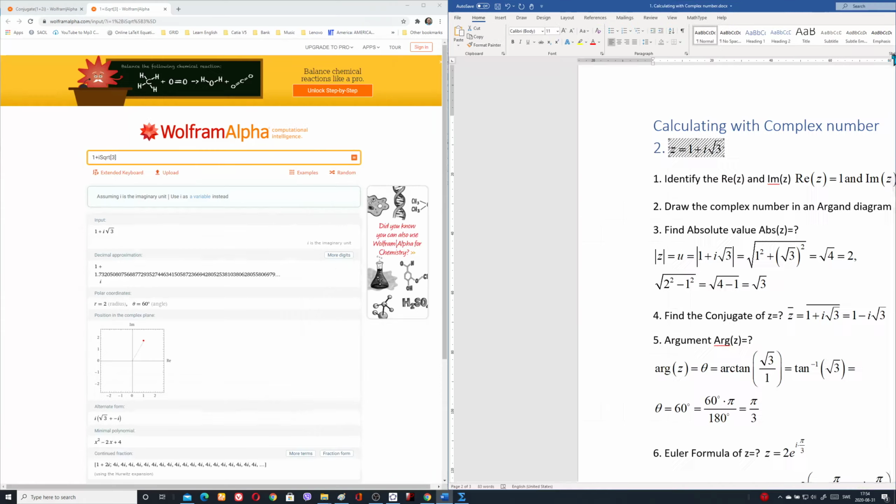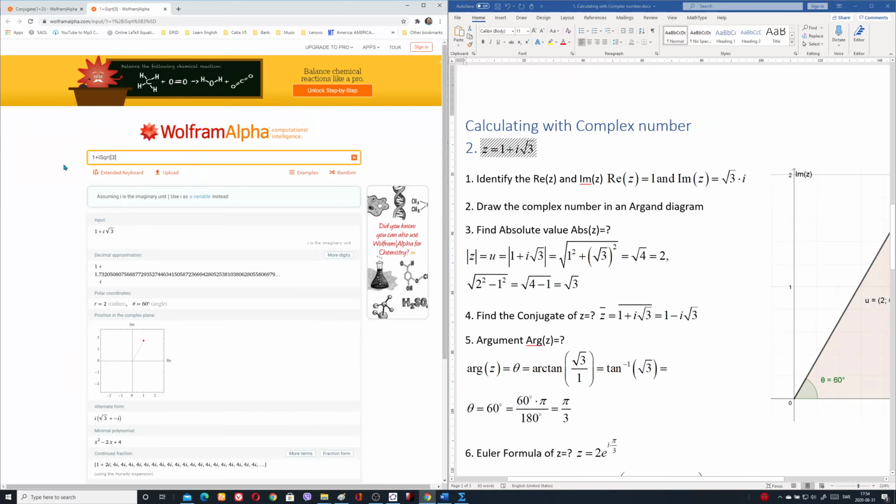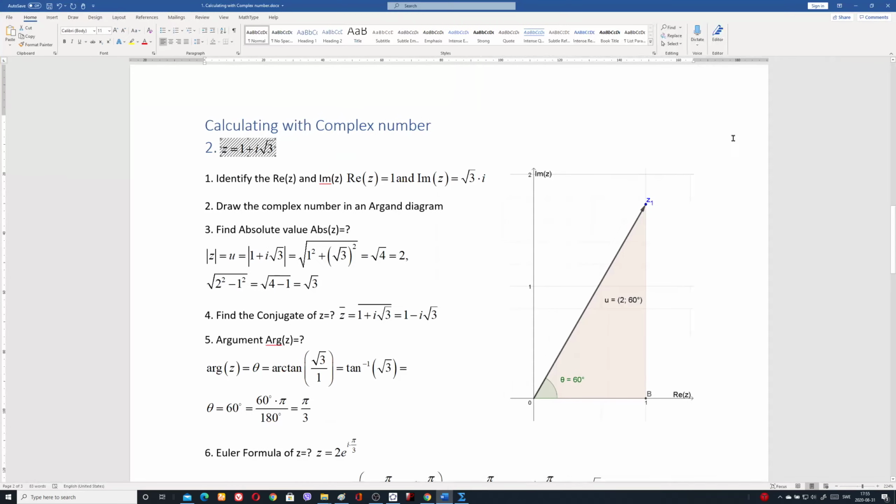Okay, they are saying that r is 2, and the angle here is 60 degrees, or pi over 3. So we're done. This is okay.